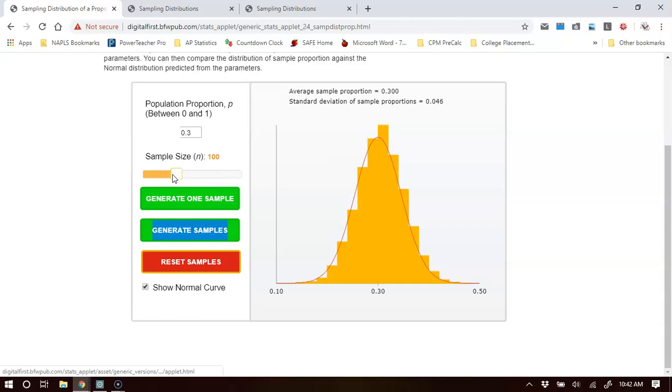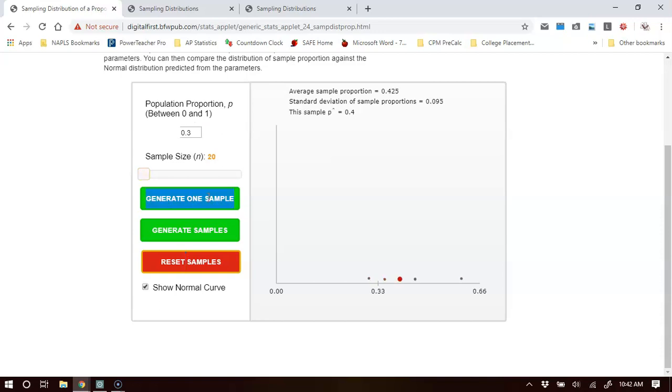Now, if I reset this and take the sample size down to 20, then 0.3 times 20 gives me 6. I do not have 10 successes and 10 failures. So again, I'm taking a sample of 20, calculating the sample proportion, plotting it on the number line, and repeating that over and over again.